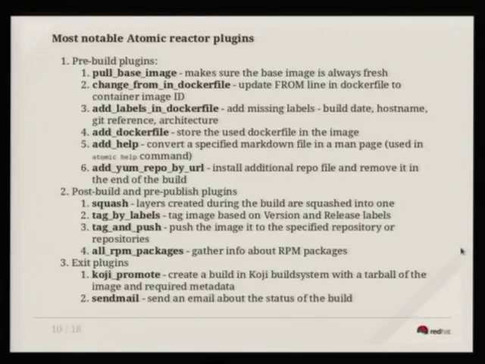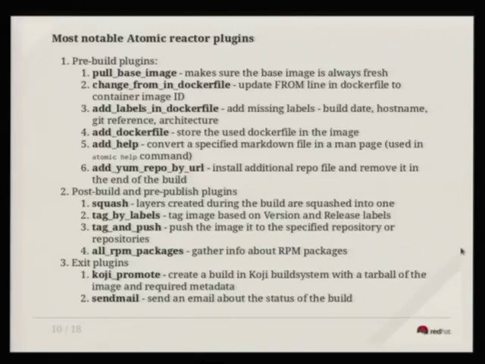For the builds, we're also embedding the Docker file which was used to produce this image inside the image itself. So we're adding additional instructions and then squashing it. Atomic Reactor is able to convert the help file from markdown into the man-compatible format.